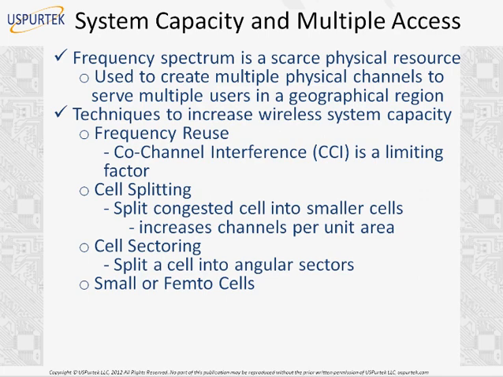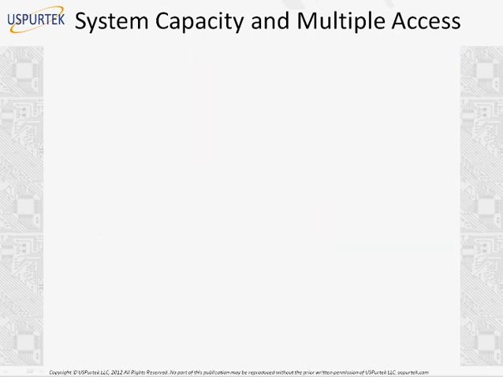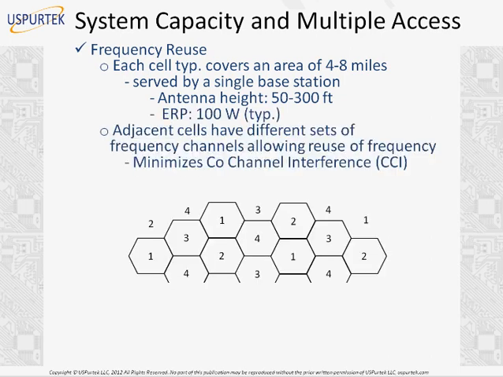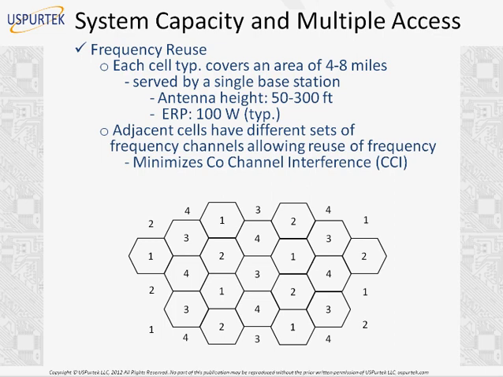Then we could split a cell into smaller cells to increase channels per unit area, and we could even sector the cell into angular sectors. Then the latest on the scene with 4G wireless communication is small or femto cells. We could even reduce the size of a cell, reduce the area served by a cell, to achieve more system capacity. Now let's see how we achieve that.